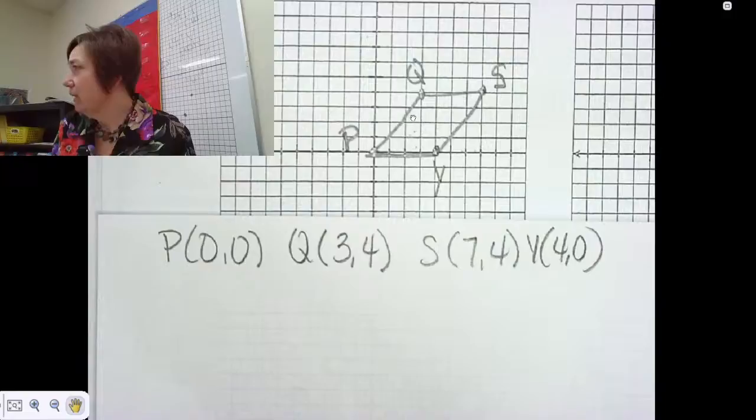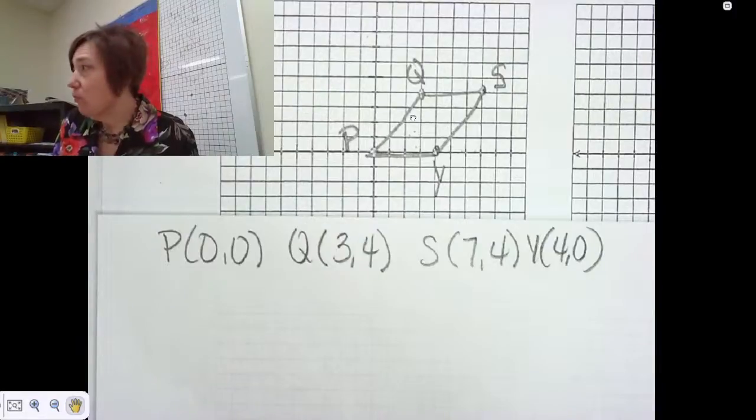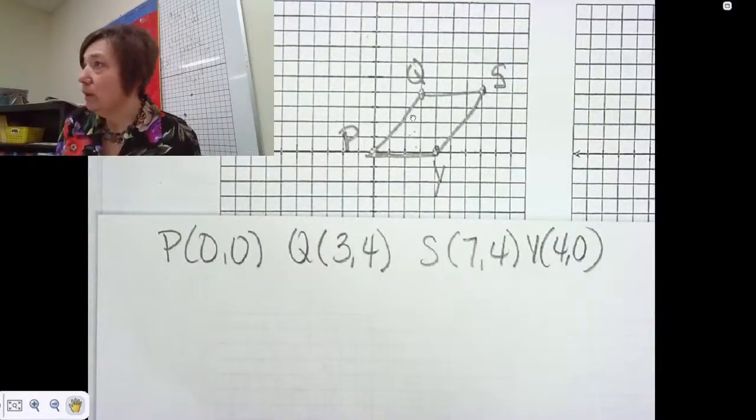Parallel lines have the same slope, right? So if we find the slope of the lines and it's the same, then we know that those lines are parallel. If we have two sets of parallel lines, then we know it's a parallelogram, right?